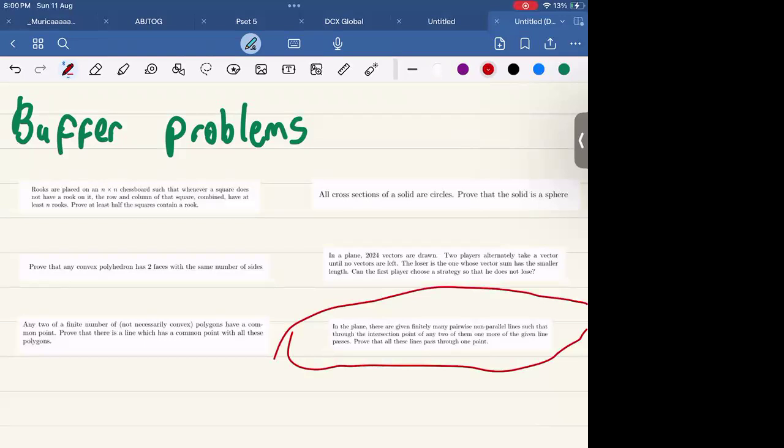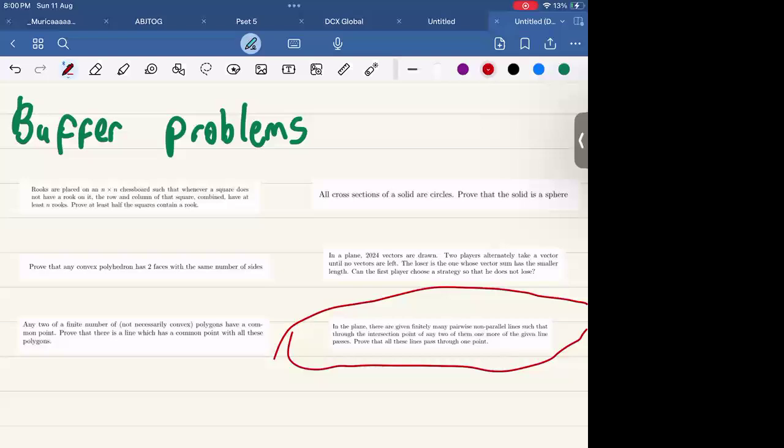In fact, some of you may think of it as the projective dual of Sylvester-Gallai. Almost identical. Okay, so some people want the convex polyhedron problem.